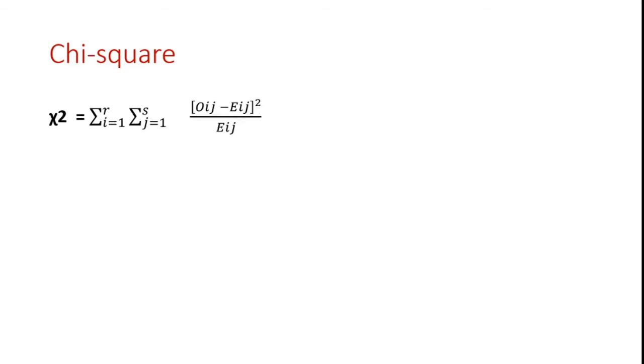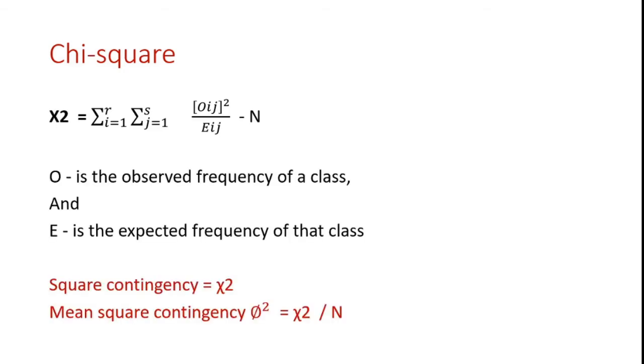And this is the chi-square. Again, the same thing: observed minus expected, square of that, divided by expected, summed over the complete classes of attributes A and B, right? And the same thing here.